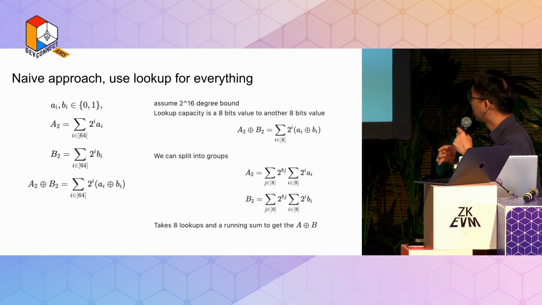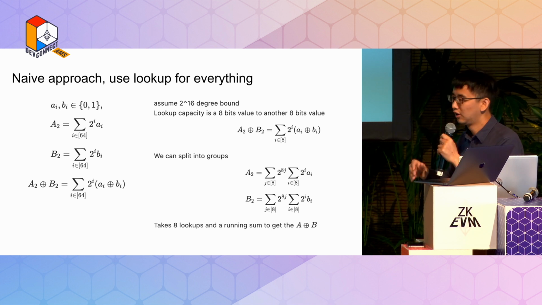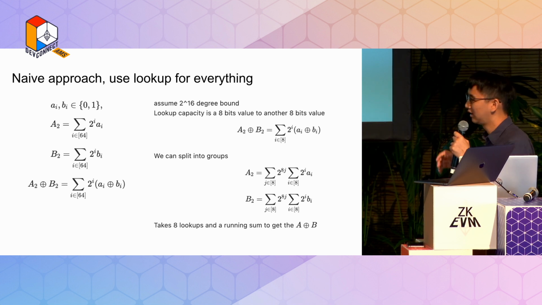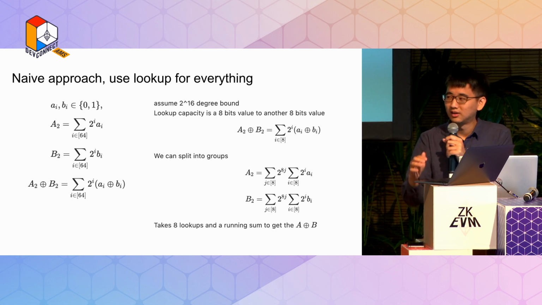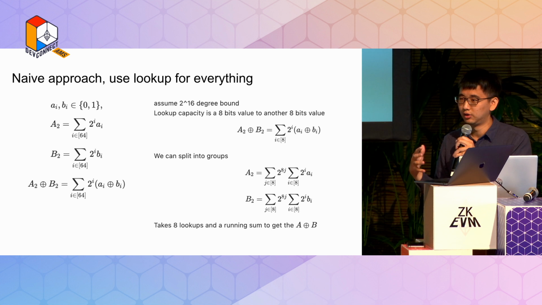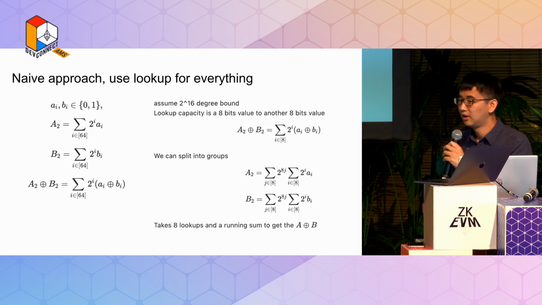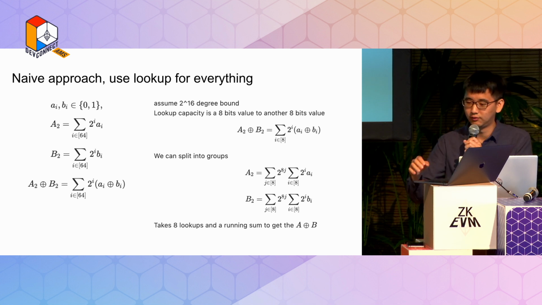Then you can split A into 8 groups, B into 8 groups, and do 8 lookups, and then add the results together. That's how naively you perform a bitwise operation on 2 lanes, but this is really inefficient.